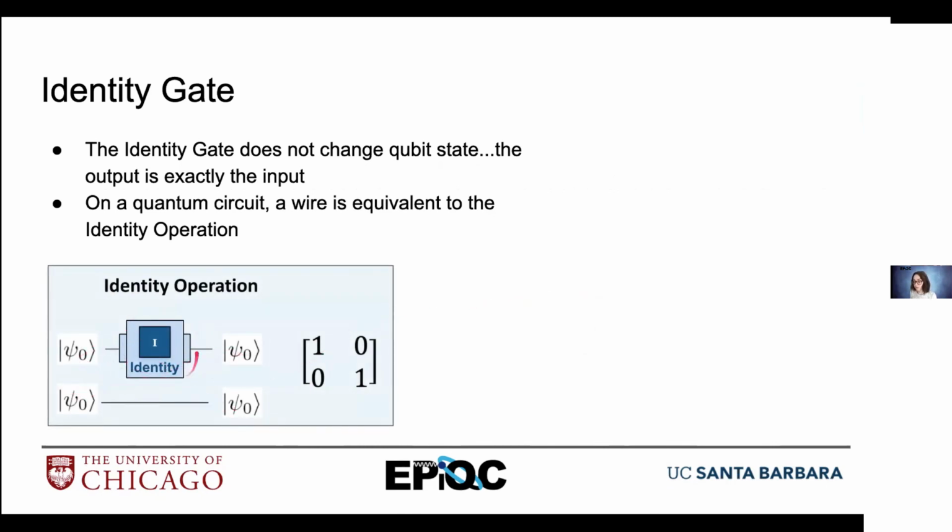You can actually see a symbol appear, or you could just see a wire, same thing. It's being operated on by the identity operation. And this is the corresponding matrix. The identity matrix corresponds to the identity operation, and here the output is equal to the input. So we can see that the qubit passes through unchanged when we look at the identity operation.